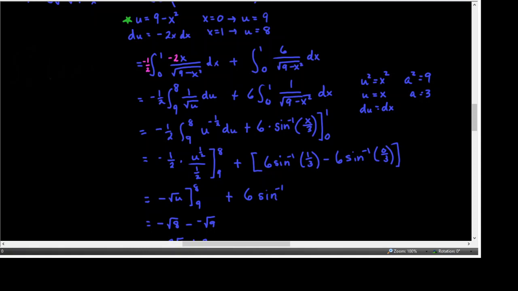If we'd gotten 0 here instead of 1/3, or 1/2, or square root of 2 over 2, or square root of 3 over 2, or 1, or opposite of one of those numbers, then we could actually find an exact answer for this inverse sine, but we can't here. Sine inverse of what will simplify to be 0 is 0, so 6 times 0 is 0.